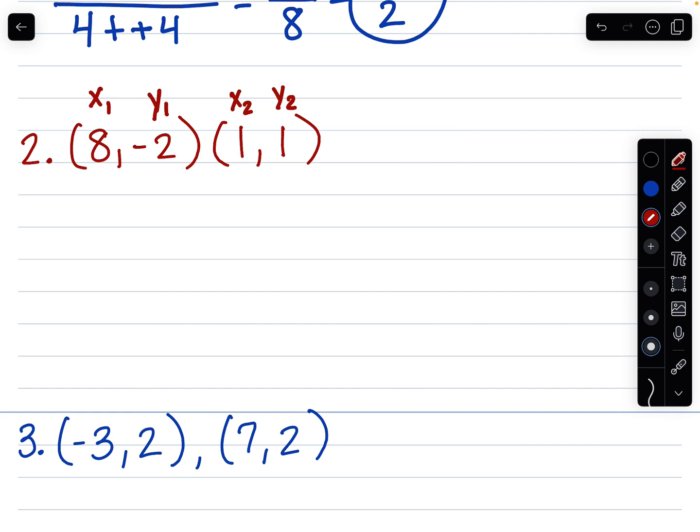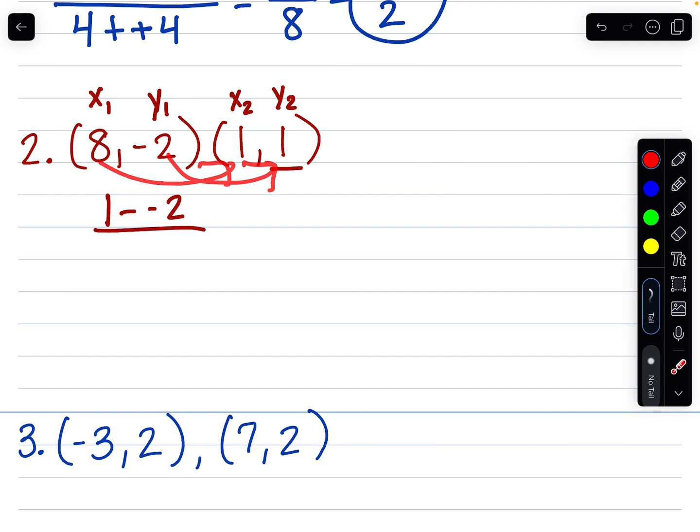Okay, what's my y2? Y2 is 1. 1 minus y1. What's the y1? -2. Wait, is it fine if it's -2 subtract 1? Or no? Technically, you can.